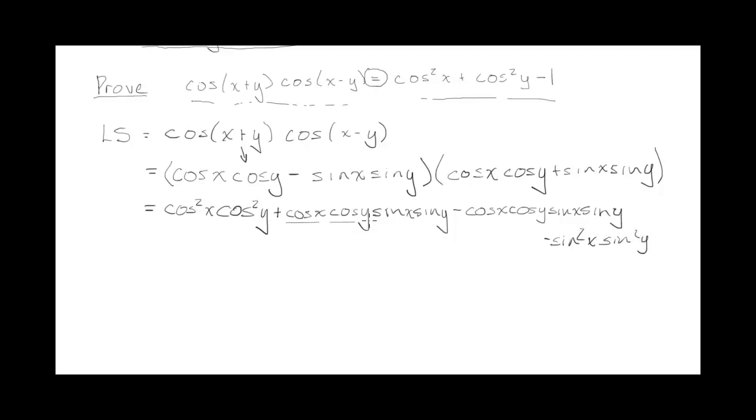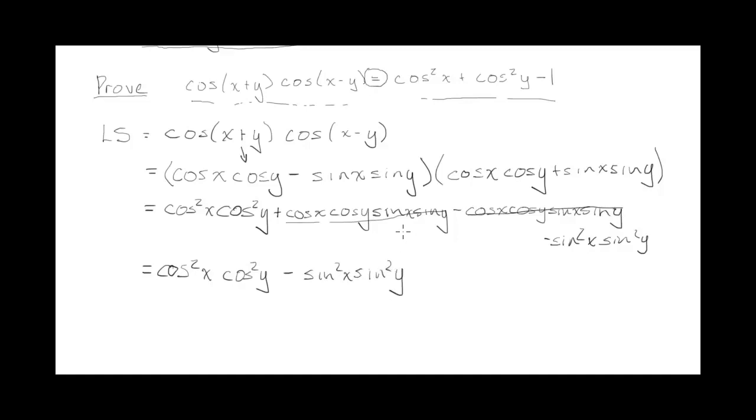Notice the middle terms cancel out. So we're left with cosine squared x cosine squared y minus sine squared x sine squared y.